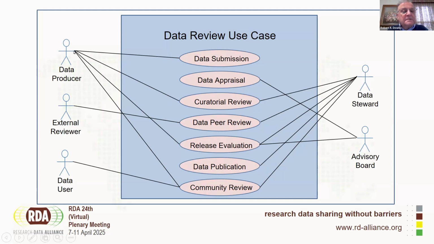It could be their agent, or assistant, etc. But they're also involved in the curatorial review because the data stewards will be working with them to try to improve the way that the data can be used by the broader community.